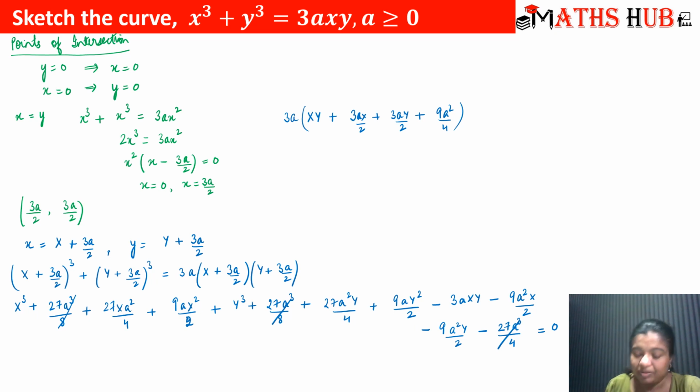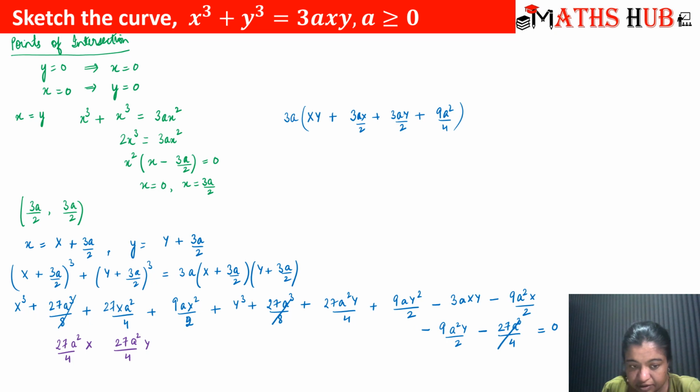I don't think so. So now from here, to calculate the tangent, we have to equate the lowest degree term to 0. So what is my lowest degree term? This is one term, 27a square by 4 x. Then this is x square, this is y cube, this is y, yes, 27a square by 4 y.